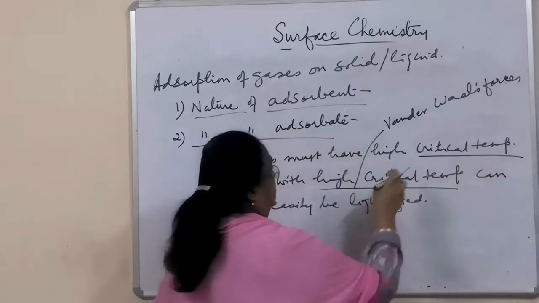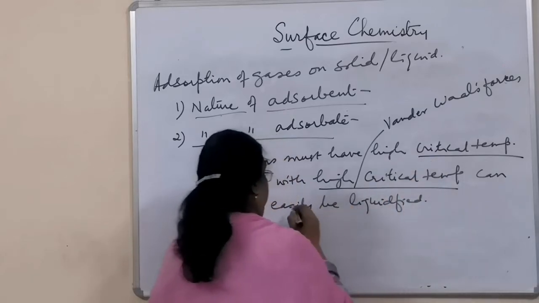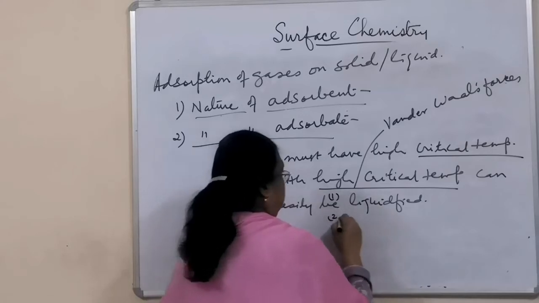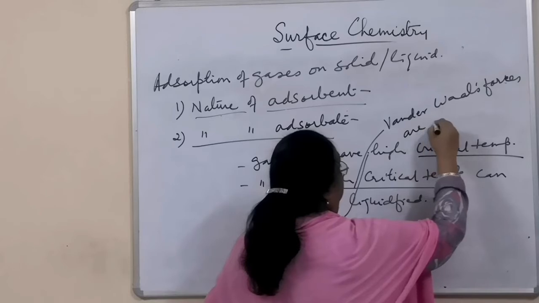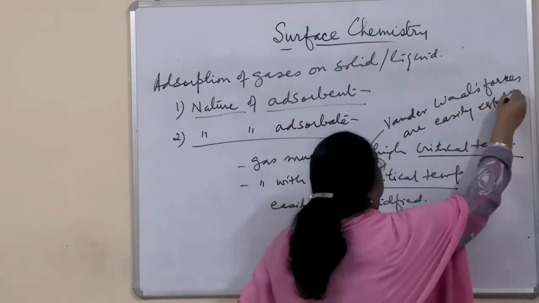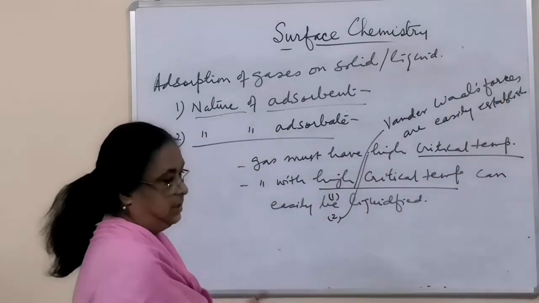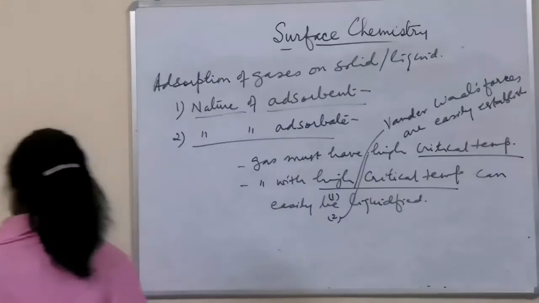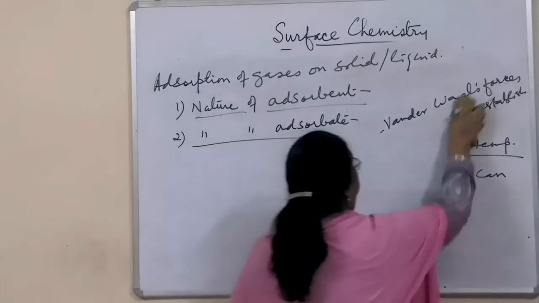And why must the critical temperature be high? Number one, they can easily be liquefied, and number two, van der Waals forces are easily established. Van der Waals forces increase because they can be liquefied, so molecules are held together easily. Now the third factor is pressure.